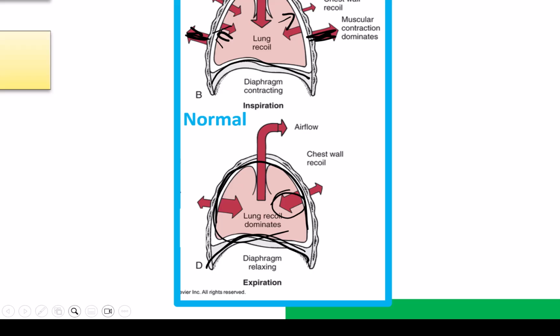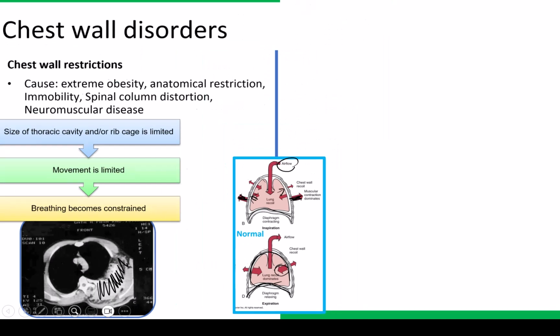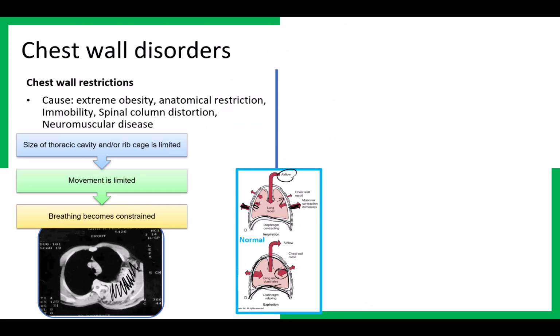So you can appreciate over here, when you've got these restrictions, it inhibits the ability of this part of the chest wall from being able to move freely, and so breathing in and out becomes inhibited.